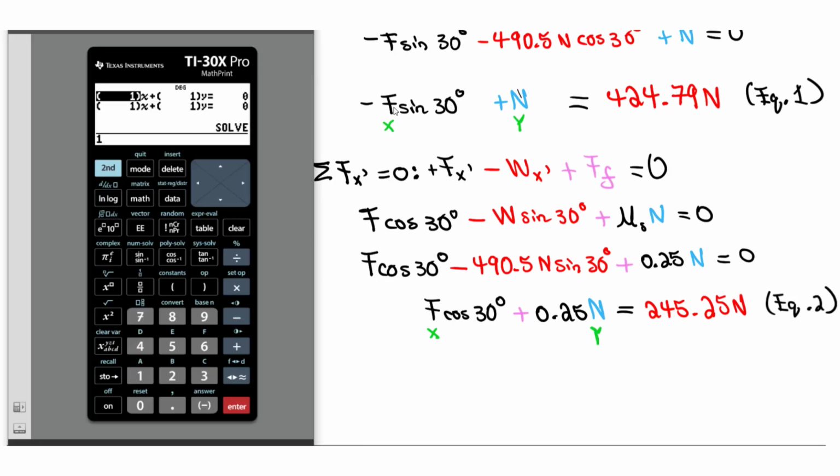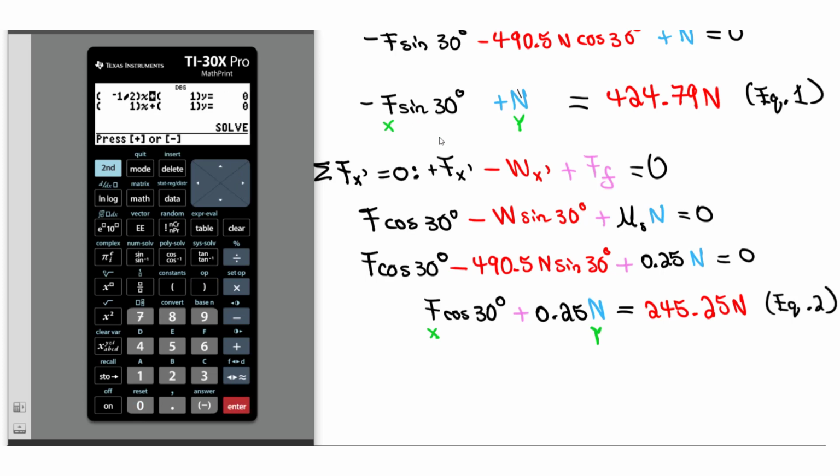So it's going to be 1x, but we know that x is negative sine 30. So we do negative sine 30 for that. Actually, I put a minus sign, so you have to do negative sine 30 for that.